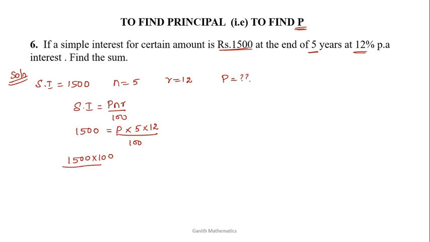If you multiply these two terms, it will be 60. Here it is in multiplication. When it comes to the other side, that will be in division. So it is 60 equal to P. So the final answer will be 2500. So the principal amount is rupees 2500.